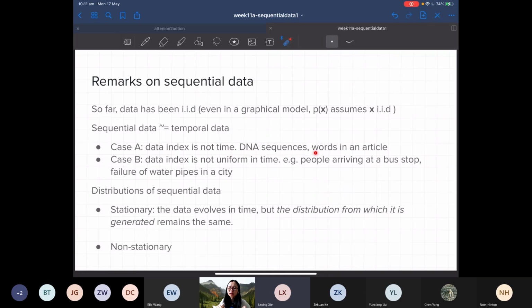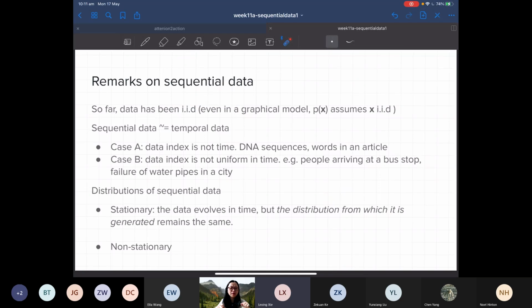For DNA sequences, it's just 3 billion base pairs organized into 26 long sequences, and the index is just where the base pair sits in the long DNA sequence. And words in an article are not indexed by time, it's just which words are said before or after which other words.